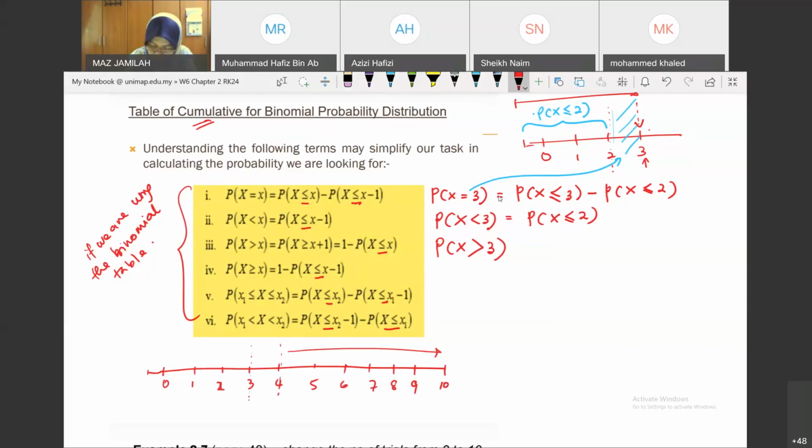Since the cumulative probability table is about less than or equal to, focus on the area where we can use the table. So in this case, it turns out to be 1 minus P(x less than or equal to 3).